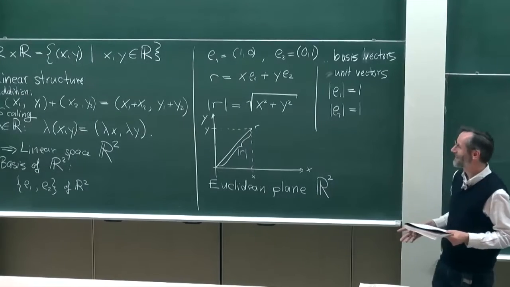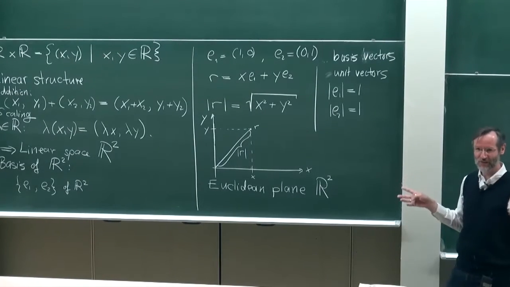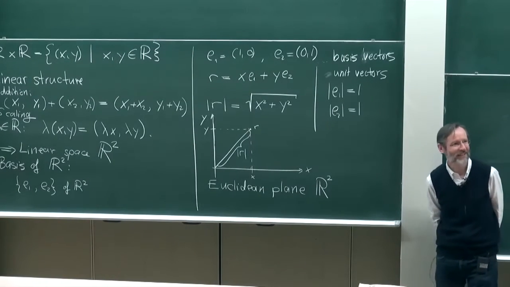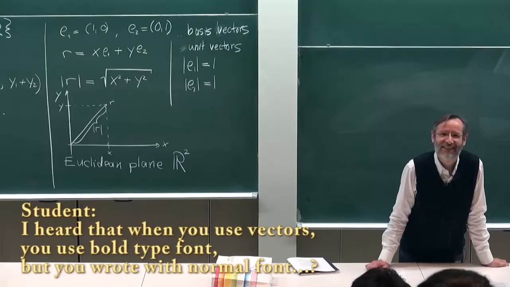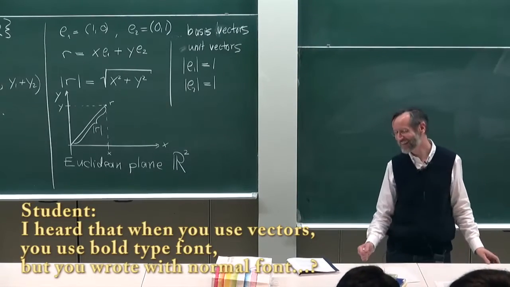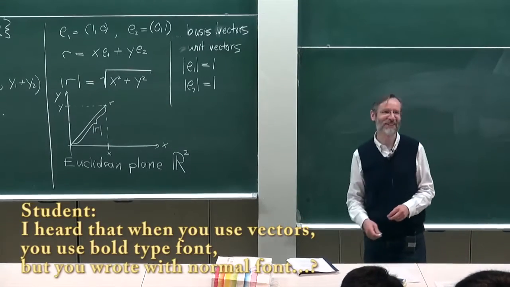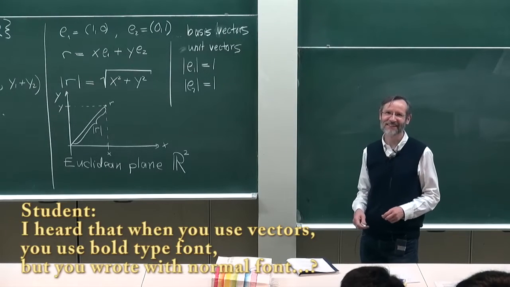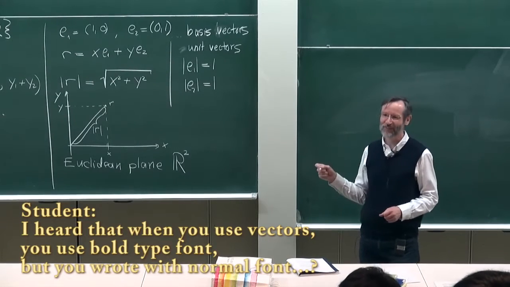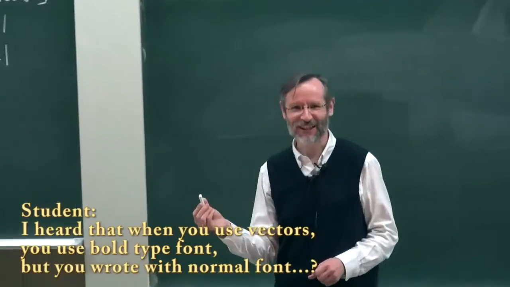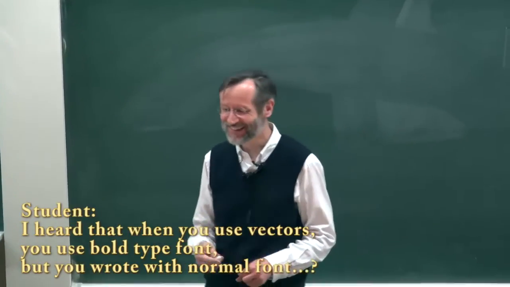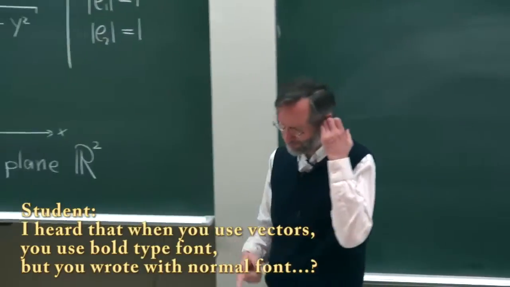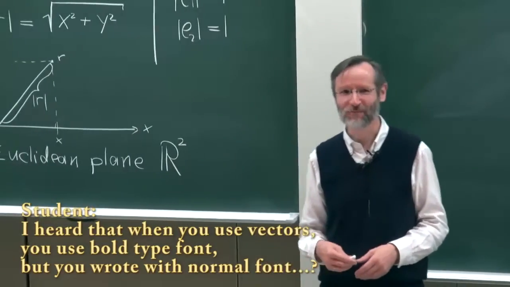Okay. So to what I have introduced so far, does anybody have a question? Yeah. It takes time to write. I mean, when you write with a chalk, it's very hard to write bold. So in the printed script here, it's bold.